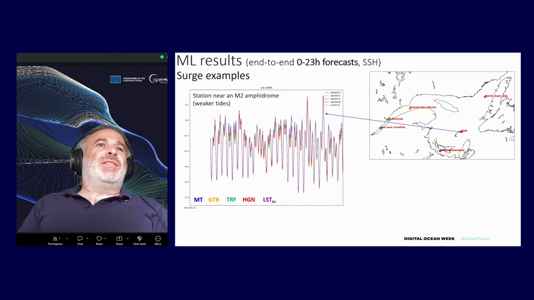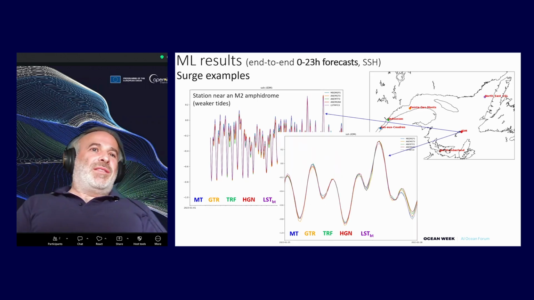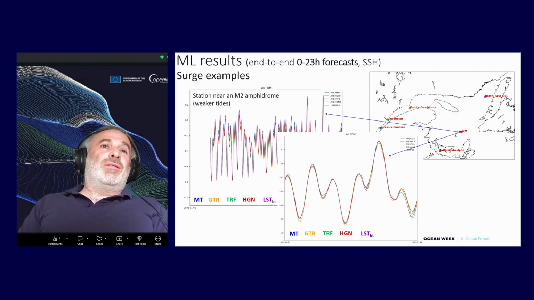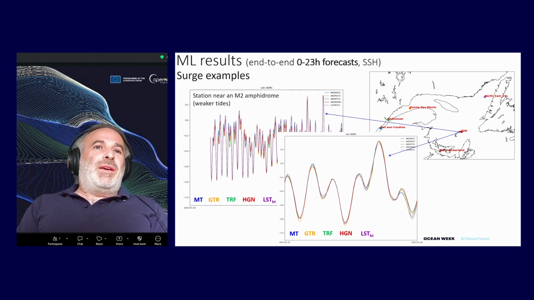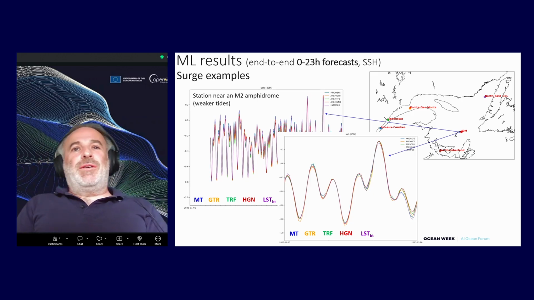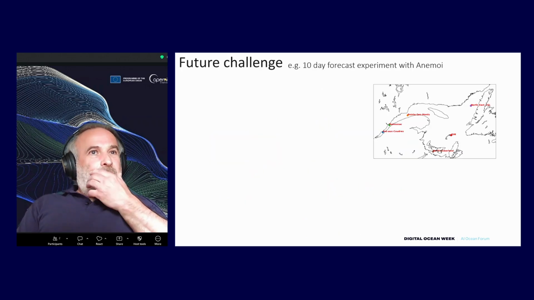The station is near the M2 amphidrome, where we have weak tides, so we have this small surge popping up here. Again, machine learning can understand it, so it's maybe external forcing or maybe local wind-driven forcing that is captured here by the machine learning.